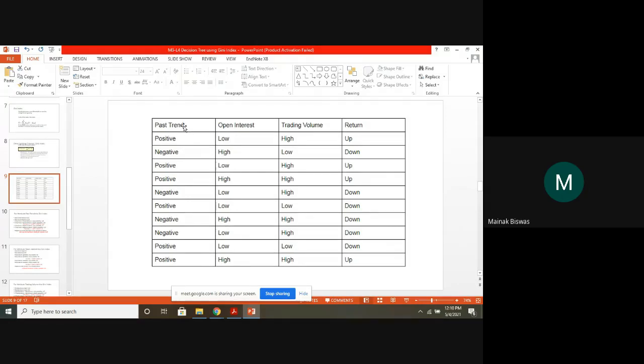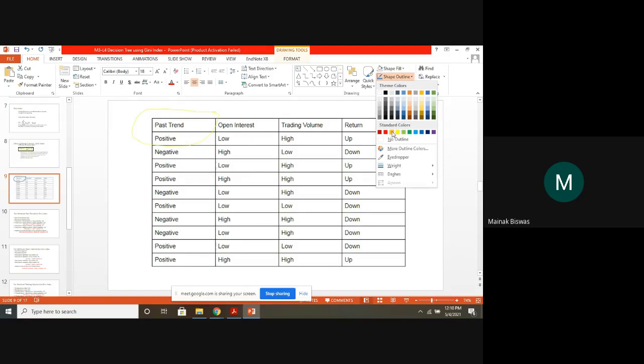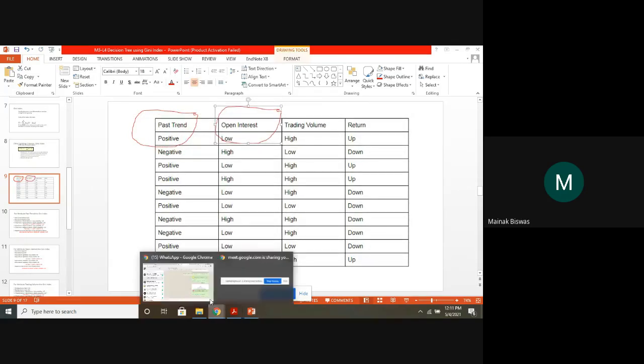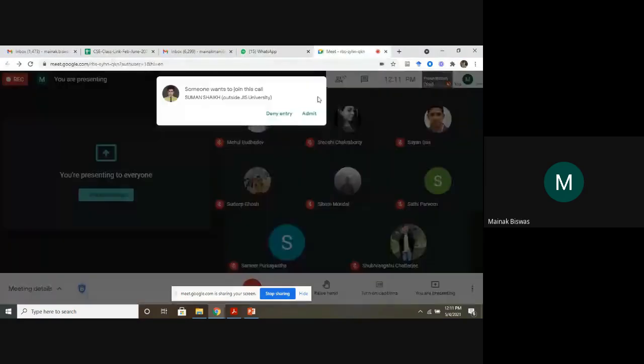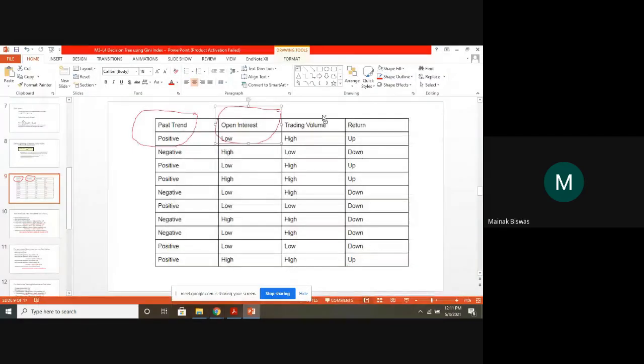We have to find the Gini index of the past trend. So these are the three attributes.